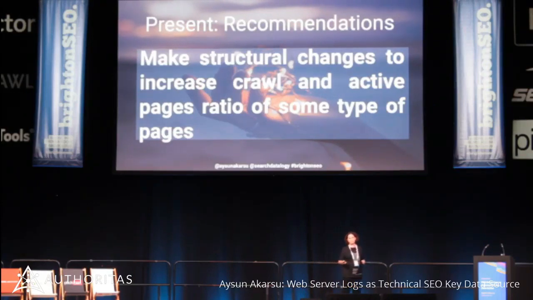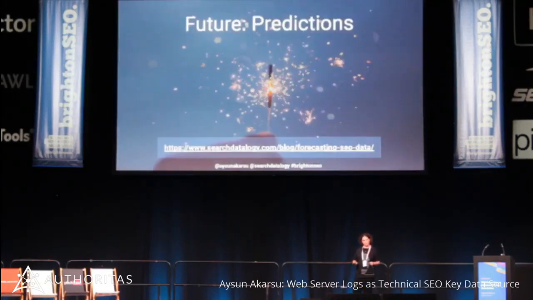And also, with the information coming from web server logs, you can tell your clients to make some structural changes on the site to increase crawl and active page ratio of some type of pages.